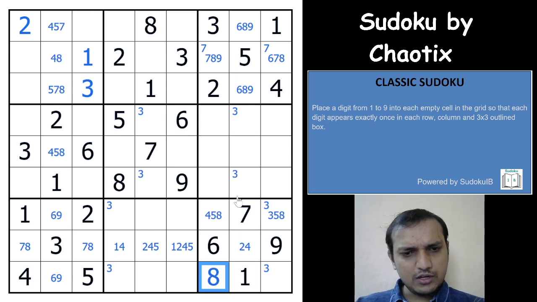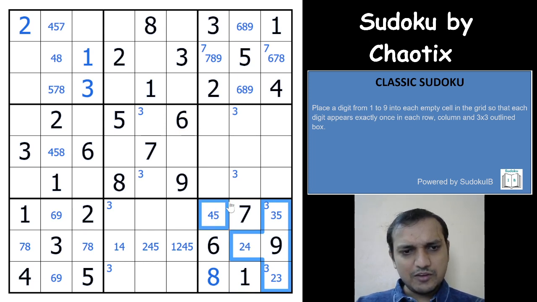Oh, you have a hidden single here. 1, 2, 3, 4, 5, 6, 7, 9, 8. So 8 gets eliminated again. 2, 3, 4 and 5. 4 5, this has to be 2 3. Is anything triplet forming here? No, it's a quadruplet of 2, 3, 4, 5 with bi-value candidates in each cell.